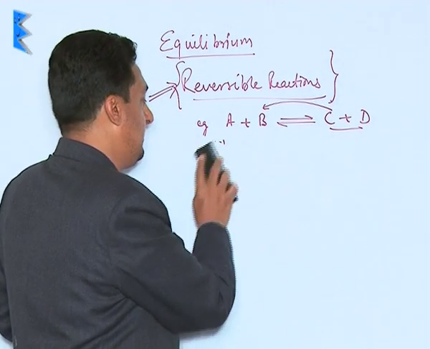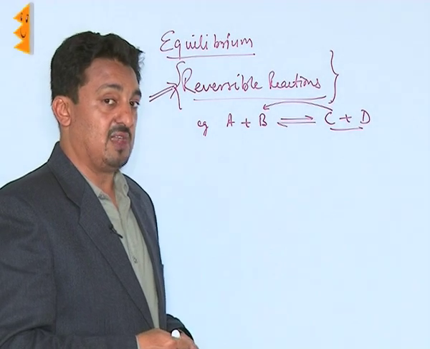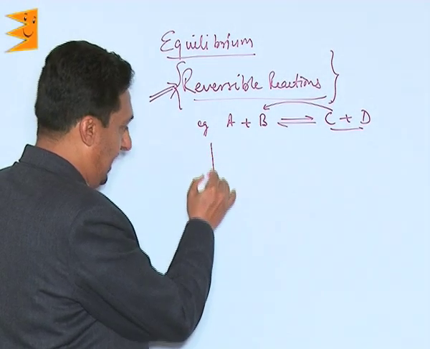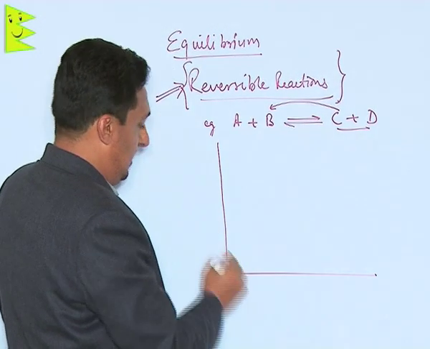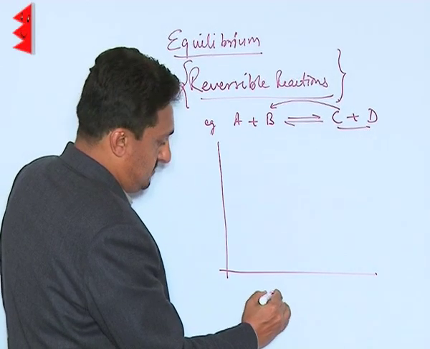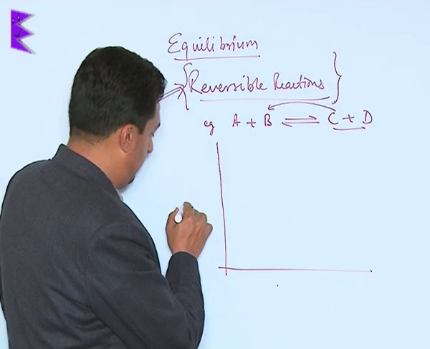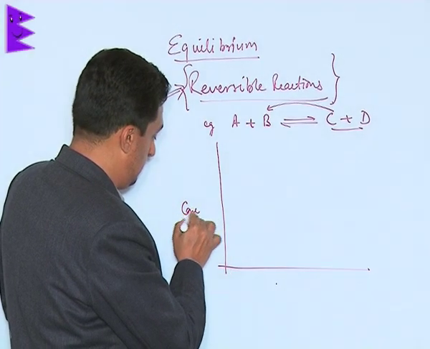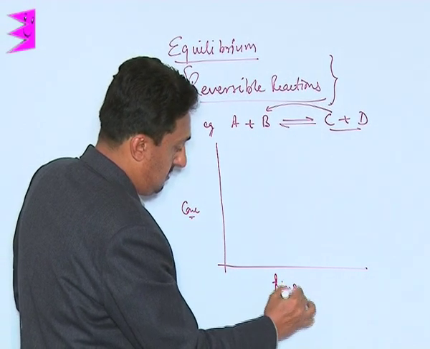Also, the state of equilibrium can be represented in the form of graphs. Let us take the example of the same reaction. Here we have the concentration, and here we have the time.